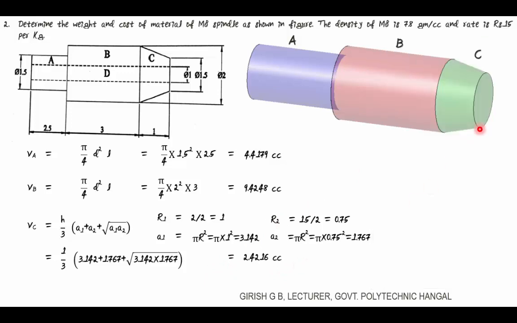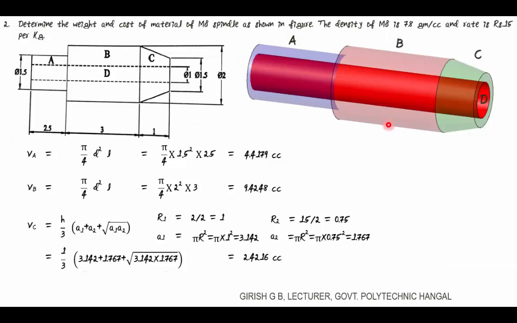The next step is to determine the volume of this whole part D, which is the cylindrical part. Formula will be pi by 4 d square L. Substituting the values, the diameter of the hole is 1 centimeter and length is 3 plus 1 is 4 plus 2.5 is 6.5 centimeter.